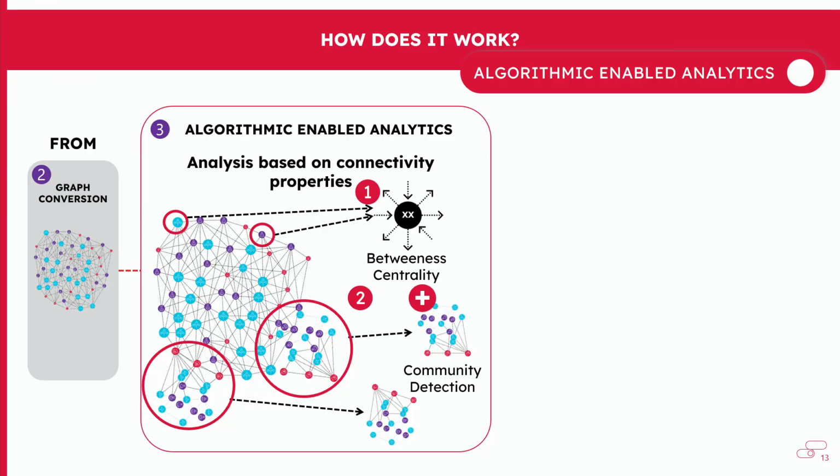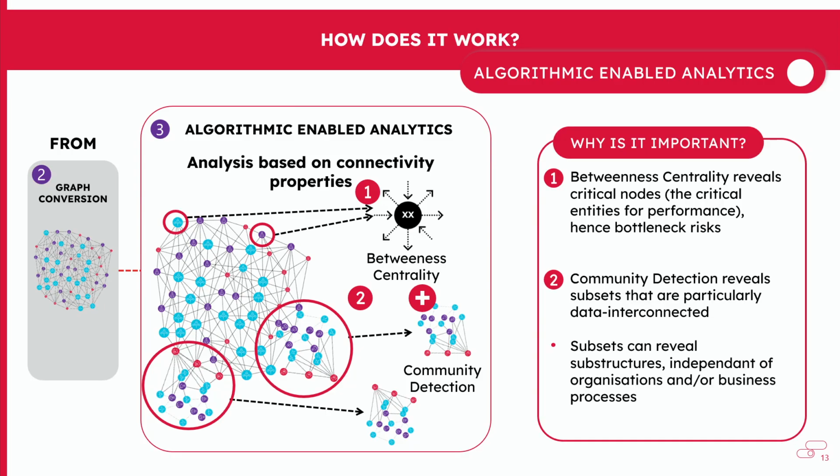Once we have this graph conversion, some of the algorithms we have used for this analysis are betweenness centrality, in order to tackle the load in every single node, and also the community detection algorithm.